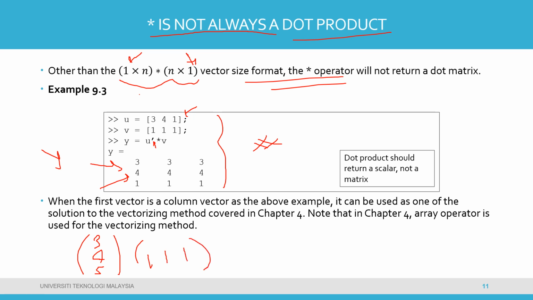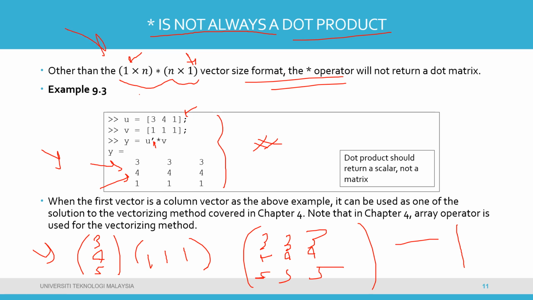What happens is you multiply 3 with 1 1 1, so 3 3 3, and then 4 multiplied by 1 1 1, so 4 4 4, and then 5 multiplied by 1 1 1, so 5 5 5. So it will become like this. If you meet something like this, it is not a dot product. A dot product is basically something like this and something like this. So this format. Be careful. You can try this.